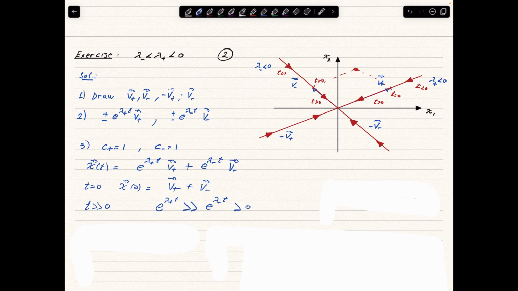This is positive always, and this is much less than 1. So when t is positive, we are going towards the origin, like we saw before. But the contribution of this factor is going to disappear faster. So the solution is going to be parallel to v plus, like this. And we are going towards the origin.